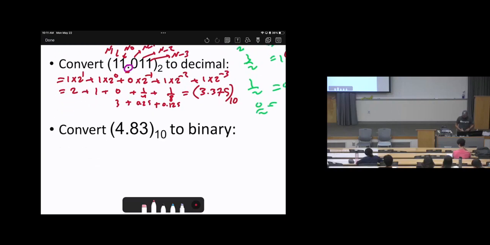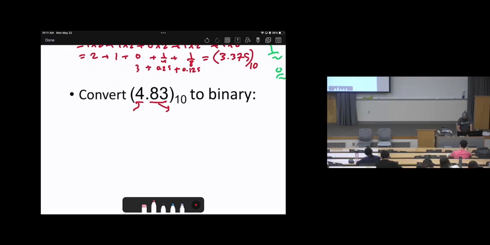How about the opposite? We have 4.83. Convert this to binary. Oh, this is something new. How can we deal with this? This is the only case where I can isolate each part alone. How? Try to isolate 4. Divided by 2, it will be 2, residual 0.